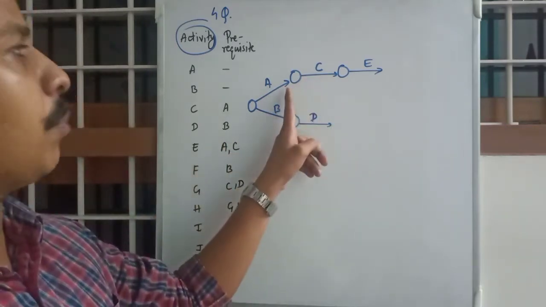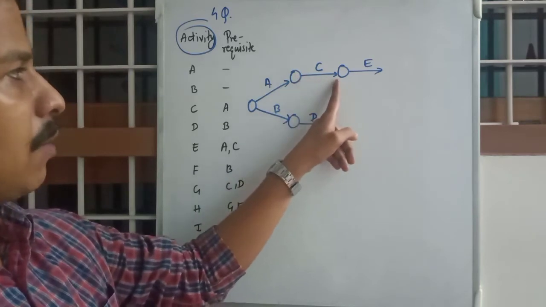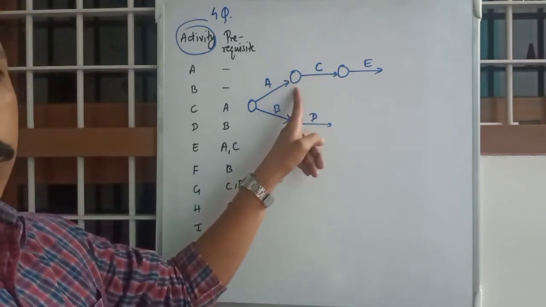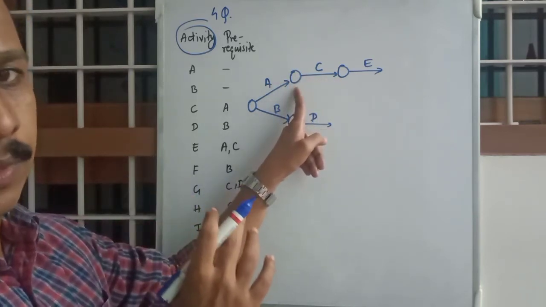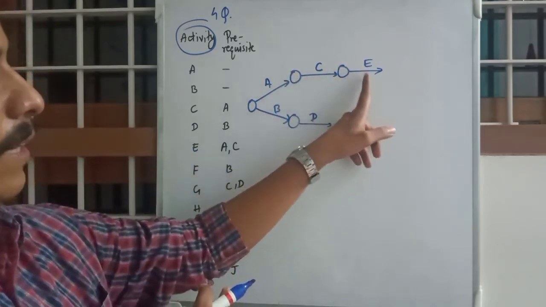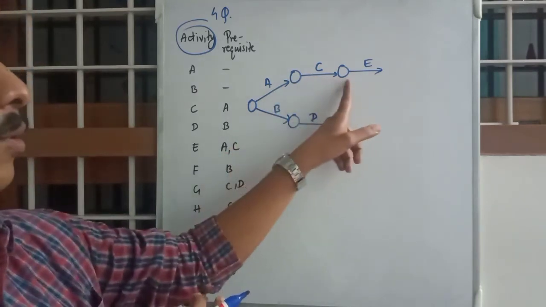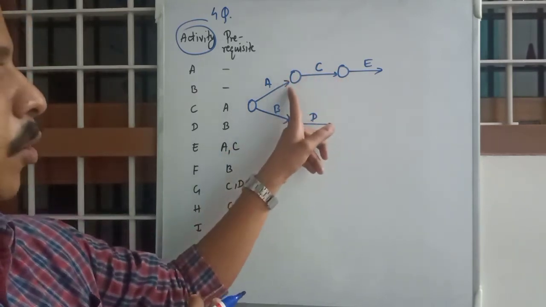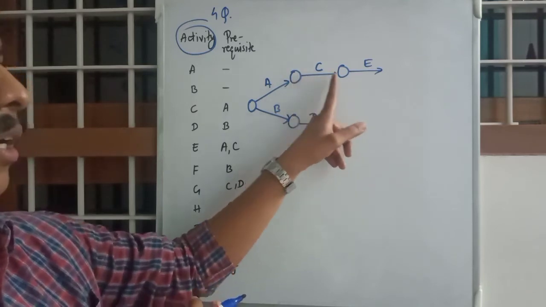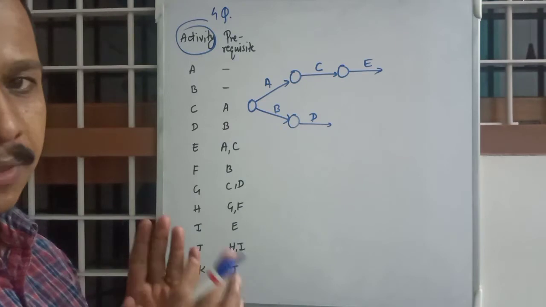A is already completed with respect to C. See? If C is complete, A is already complete to begin with. For C to start, A has to be completed. So when E has prerequisites A and C, you just have to link it here, because A is already complete and then C started, then you can start E after the finish of C.